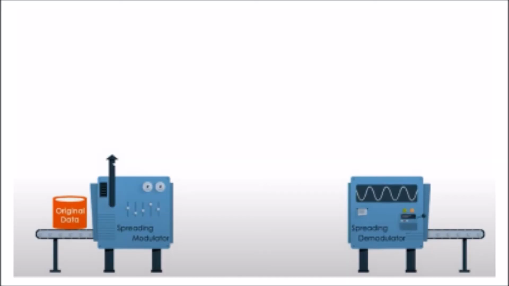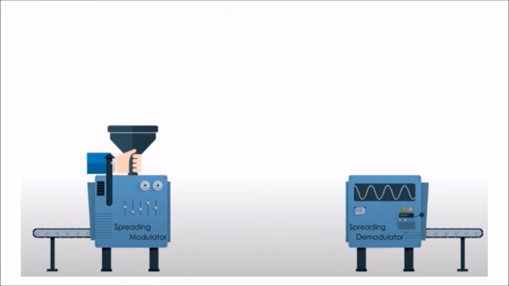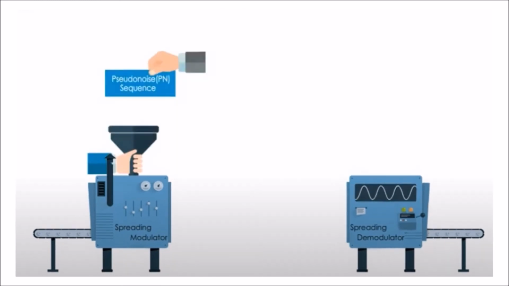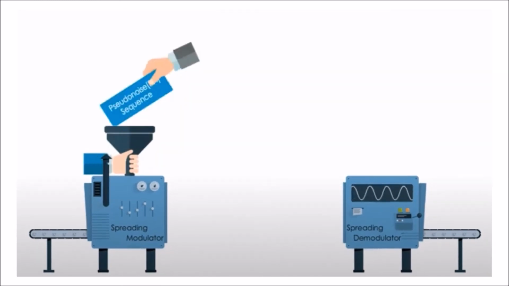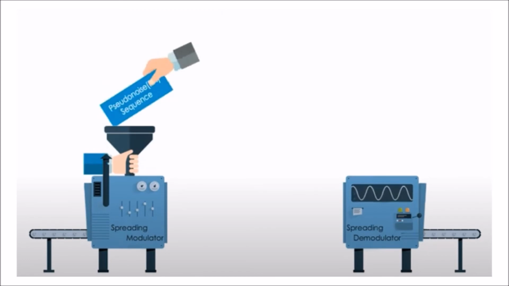First, let's talk about the simple process of how direct sequence spread spectrum works. The DSSS has a very simple and general process. At the transmitter, the original data goes to the spreading modulator. A pseudo-noise or PN signal is added and mixed in the spreading modulator. This has a higher bit rate sequence, a series of ones and zeros.